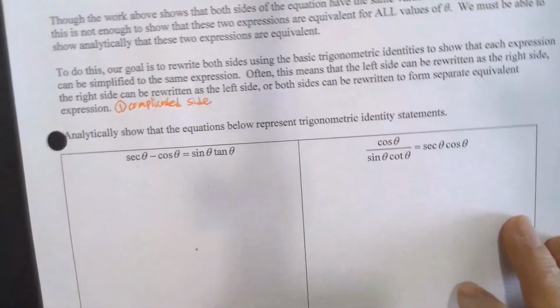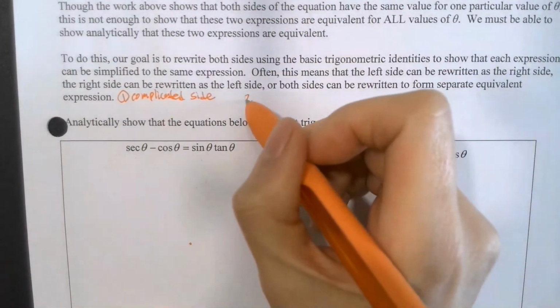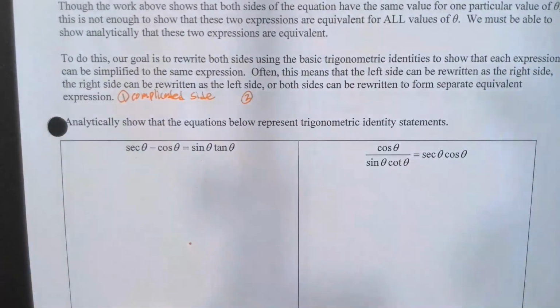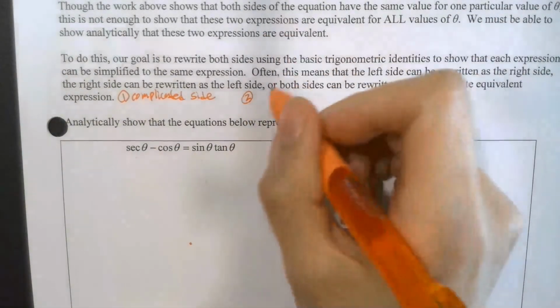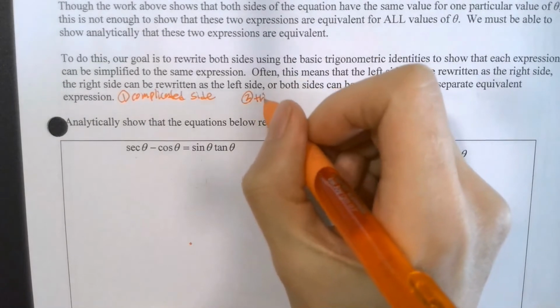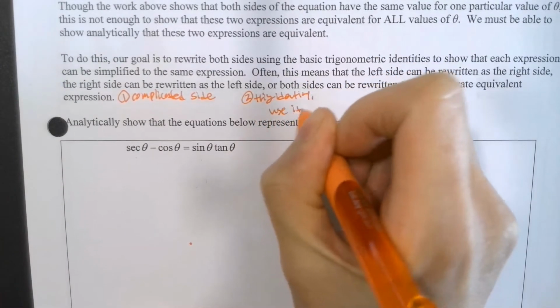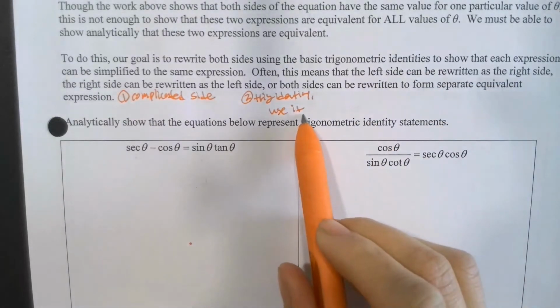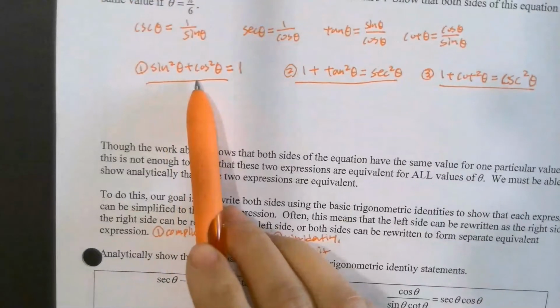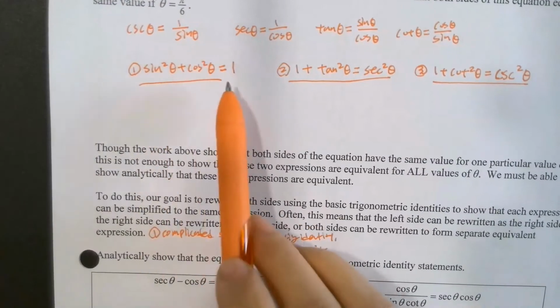So always start with the complicated side. What else do we need to do? It's kind of similar to what we did on Thursday, where if you can use a trig identity, use it. So what do I mean by that? If you see something like sine squared plus cosine squared somewhere, instead of that, use 1.